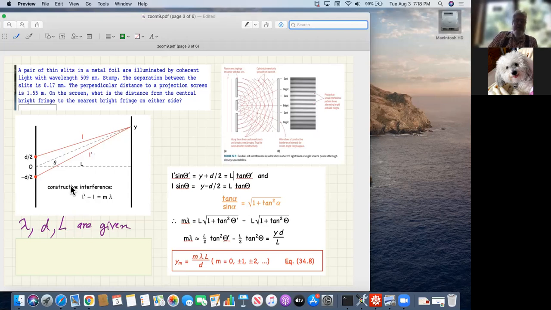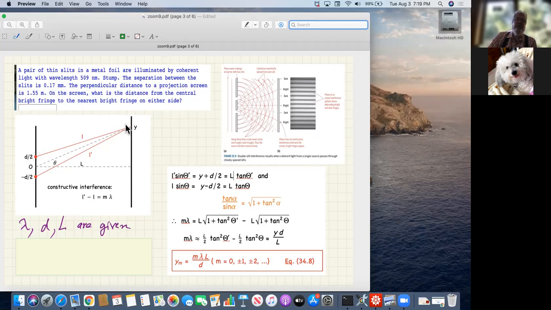And constructive interference will occur if the difference in the path lengths is an integer number of wavelengths, because this will be reaching, let's say this is reaching a crest of the wave, and let's say this is one wavelength longer, then this ray will also be reaching the crest of the wave.